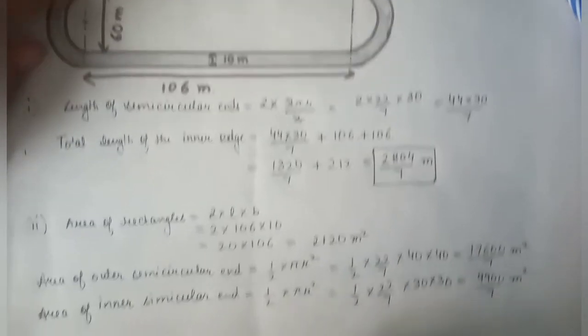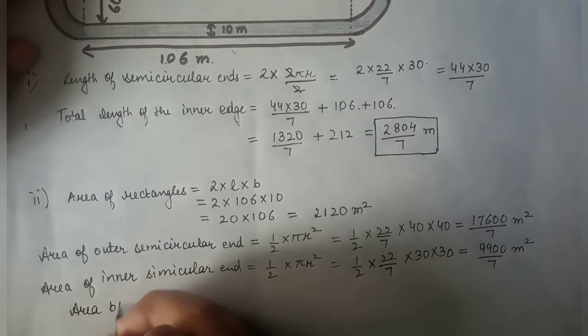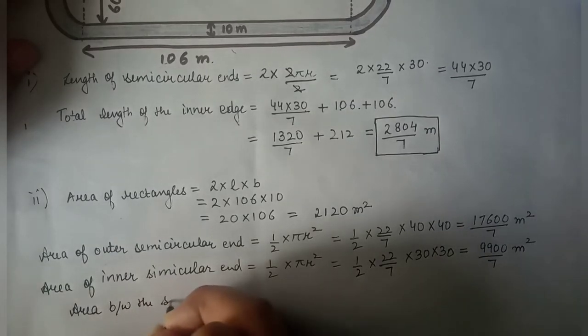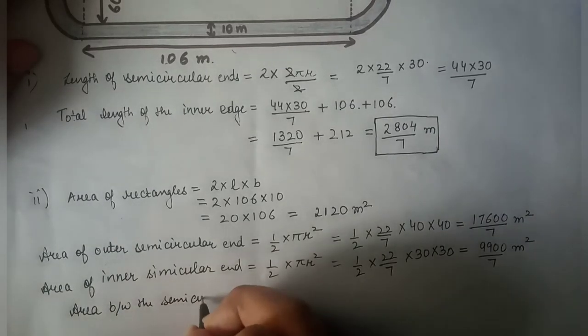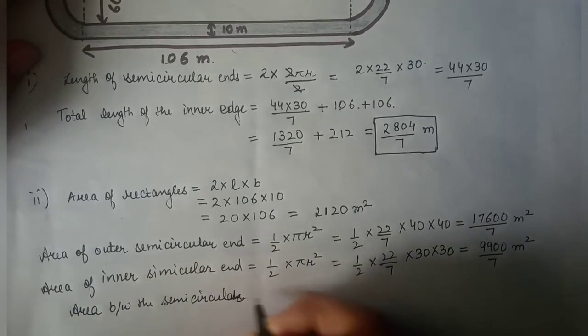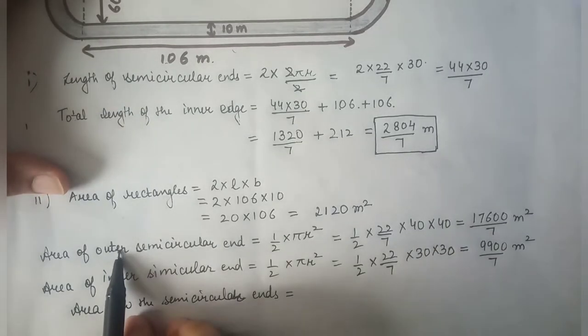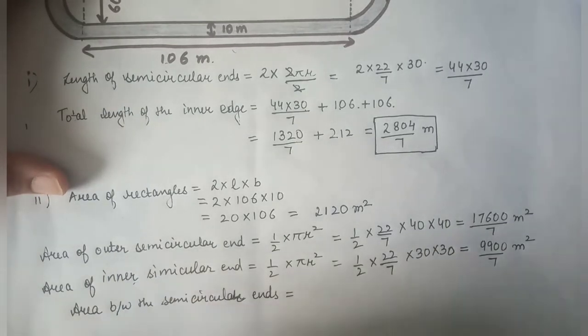Now you need to find the area between the semicircular ends. Okay, so what is it? Area of the outer semicircle minus area of the inner semicircle.